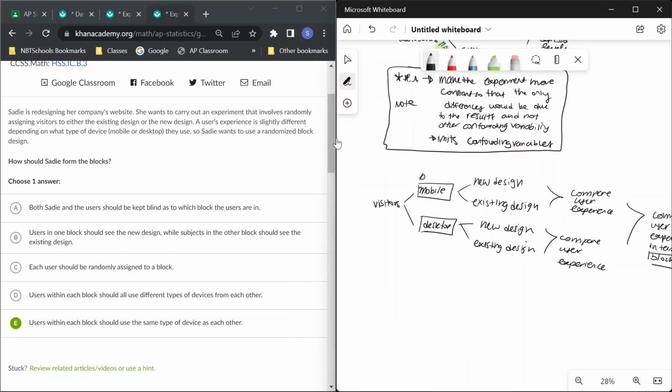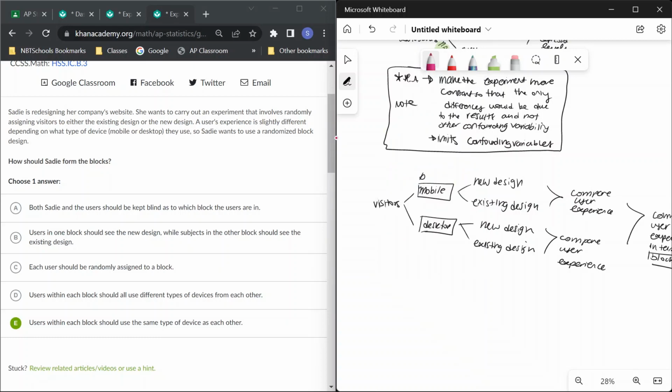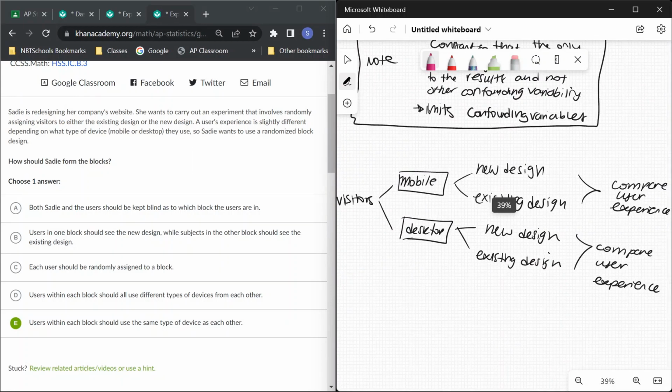So just to reiterate. This would be block 1. This would be block 2. And then this is a treatment. This is a control group.